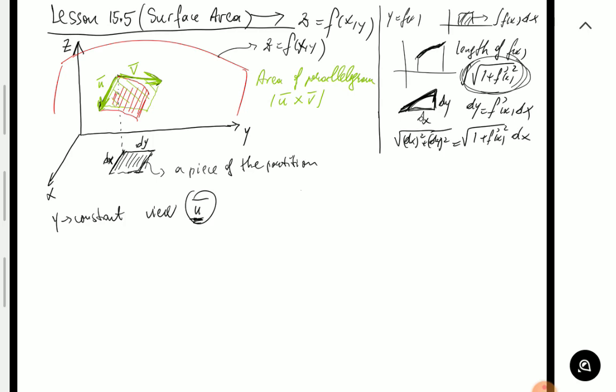Kind of like this, that vector u is basically with a vertical component given by a change in z, and a horizontal component given by the change in x, again as y is kept constant.